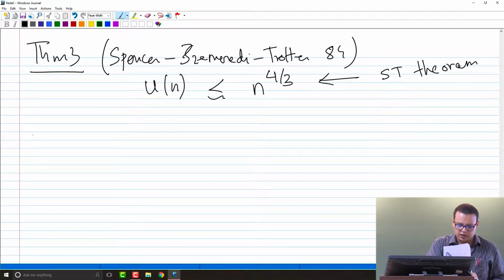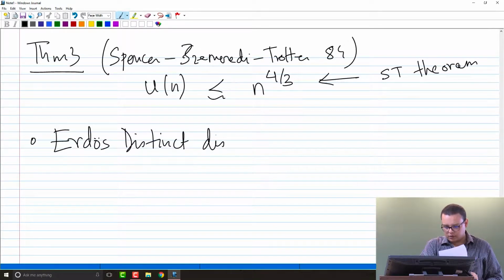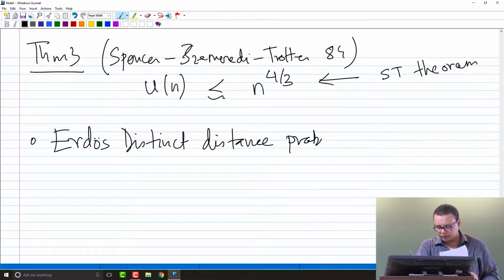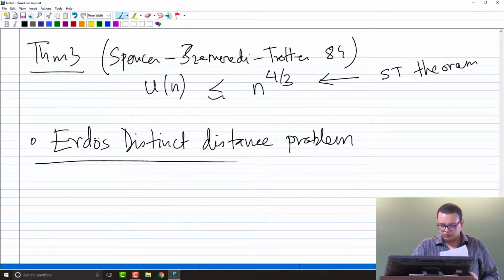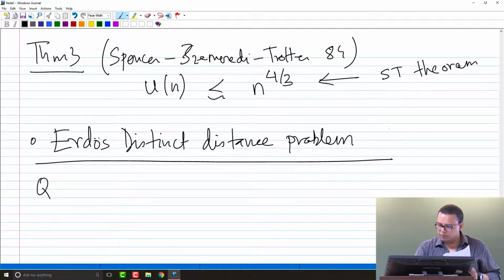So let's see another one. These are the 3 problems, and the other one is what is called the distinct distance problem, again in the same paper. The question is the following, again in the same paper.